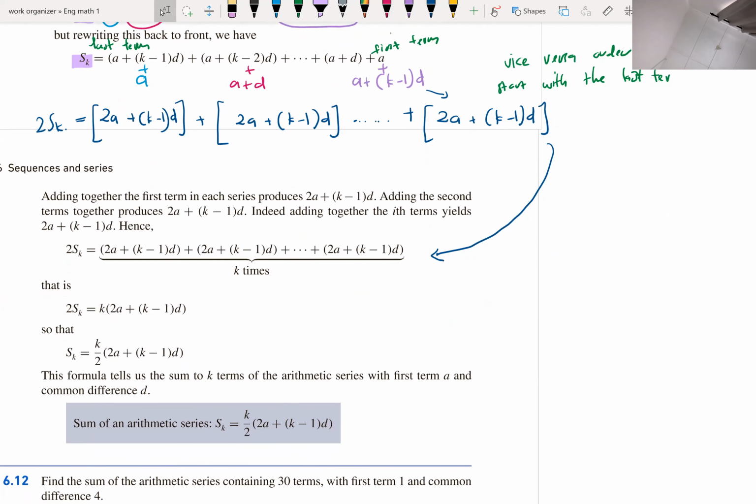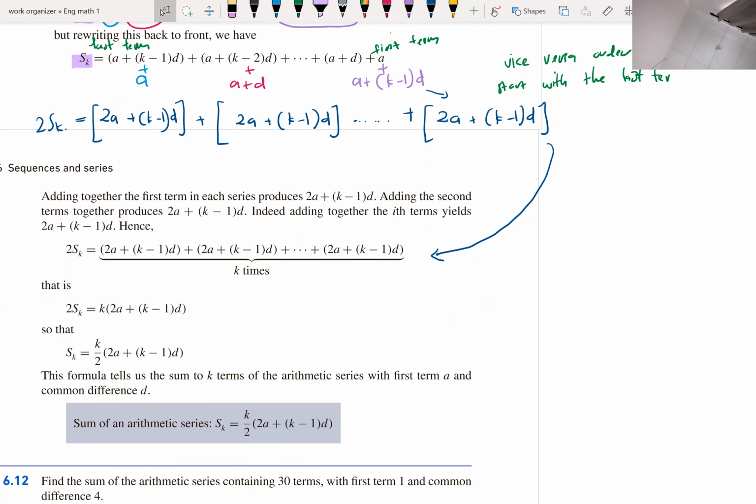This is the sum to K terms of an arithmetic series with first term A and common difference D. Sum of arithmetic series. So now we are going to learn how to use this formula.